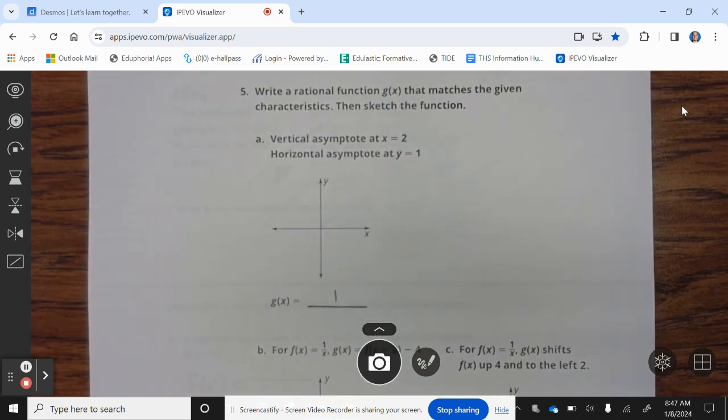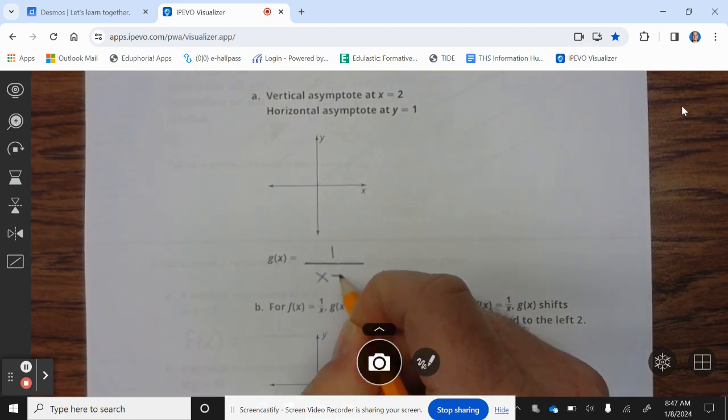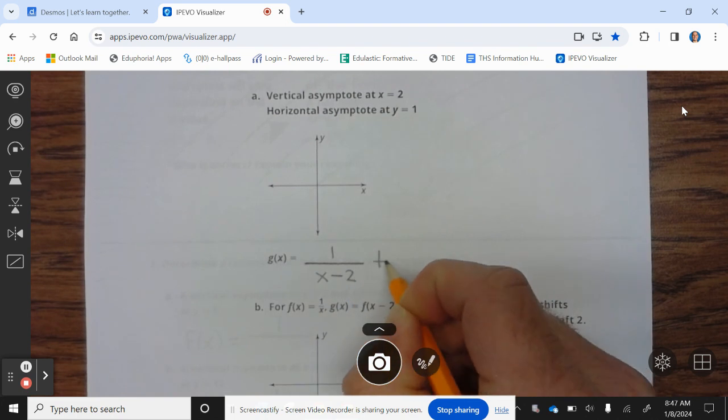Write a rational function, g of x, that matches the given characteristic. The vertical asymptote is x equals 2, and the horizontal asymptote is at y equals 1. So that's 1 divided by x minus 2 plus 1.